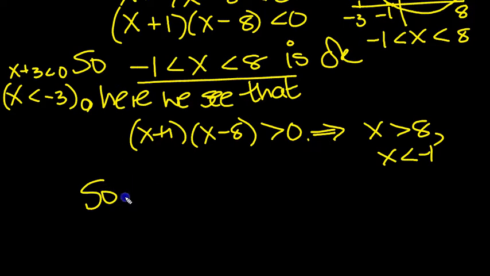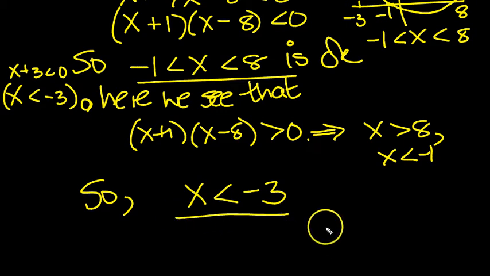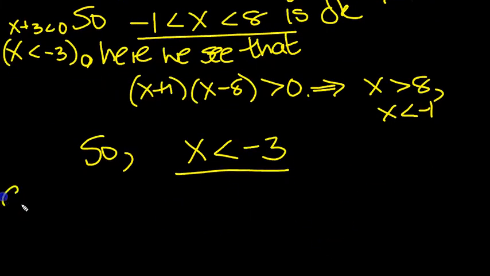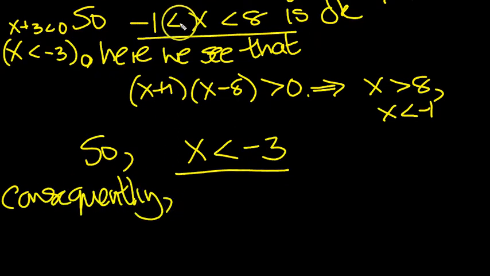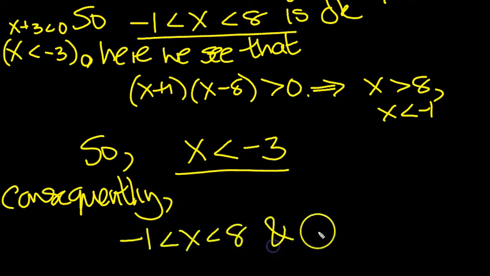So we have a solution of x being less than minus 3, the whole context of our problem. That is fine. So finally then, let's put the two pieces of the jigsaw together, so to speak. We've got minus 1 is less than x is less than 8 is okay, and x is less than minus 3.